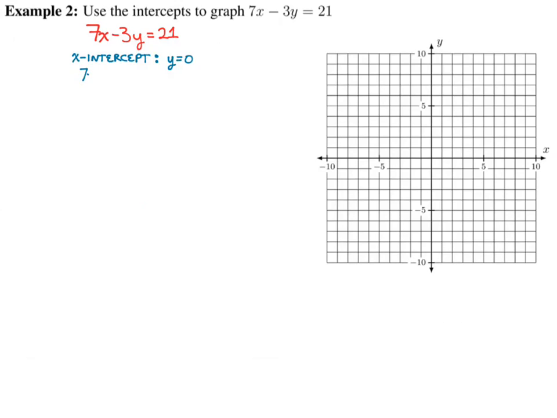So you throw in 0 for y. 7x minus 3 times 0 equals 21. And then so 7x minus 0 is 21. Don't write the 0. That's silly. And then, boom, divide by 7. X equals 3.